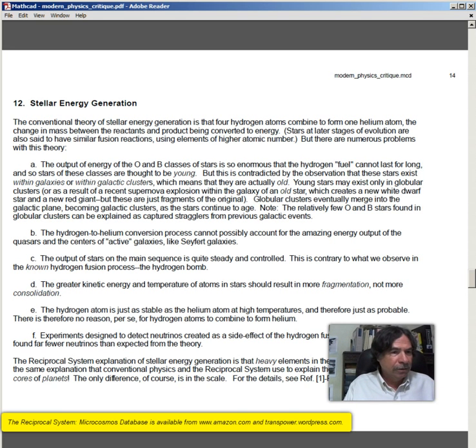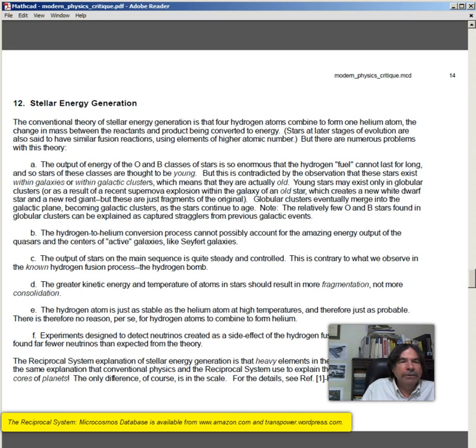Young stars may exist only in globular clusters or as a result of a recent supernova explosion within the galaxy of an old star, which creates a new white dwarf star and a new red giant. But these are just fragments of the original. Globular clusters eventually merge into the galactic plane, becoming galactic clusters as the stars continue to age. Note, the relatively few O and B stars found in globular clusters can be explained as captured stragglers from previous galactic events.